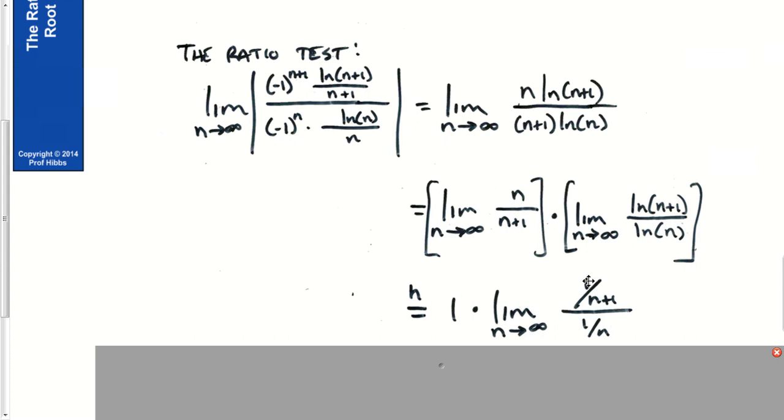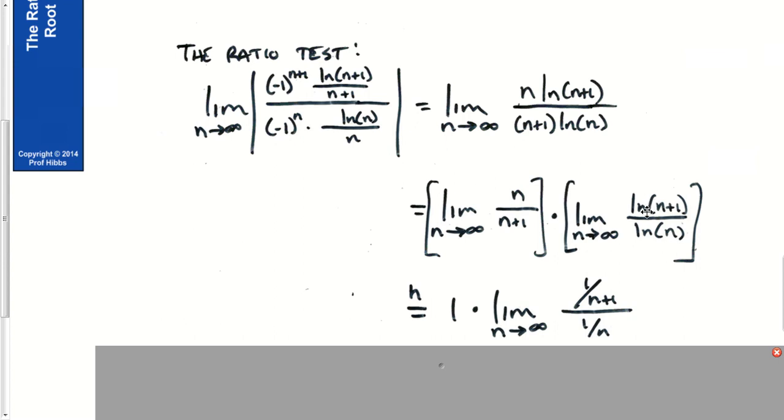Now, in this second case, if we look at the natural log of n plus 1 and the natural log of n, as n goes to infinity, this natural log goes to infinity, and so does this. So this is of the indeterminate form infinity over infinity, which is when L'Hopital's rule applies. And remember, this little h means I'm applying L'Hopital's rule. So I'm going to convert this to the limit of the derivative of the numerator divided by the derivative of the denominator.